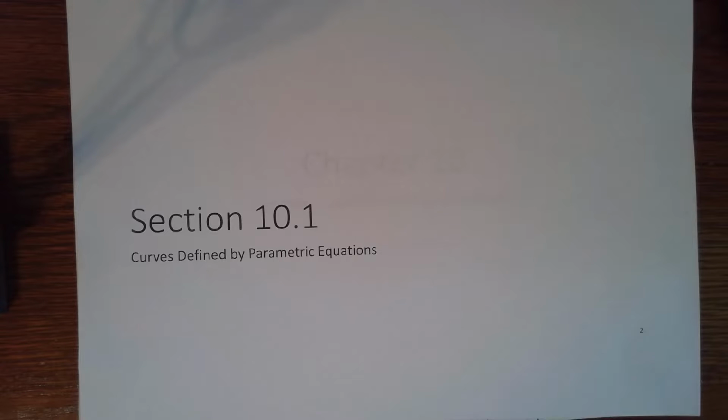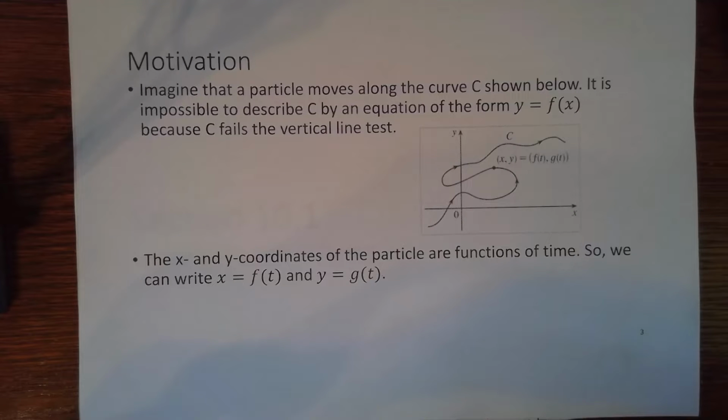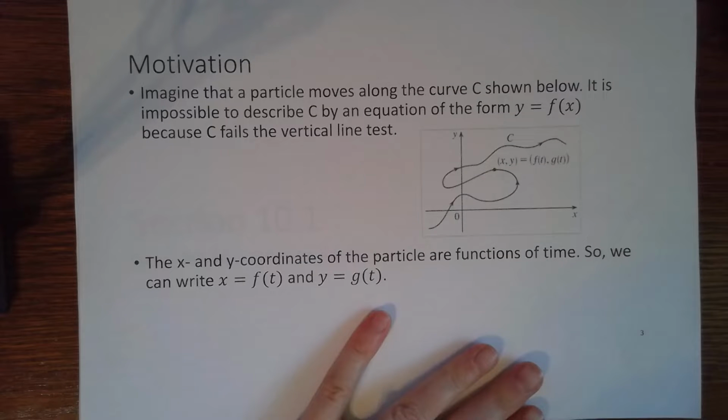The reason that we want parametric equations is because often we can't write a function for certain kinds of curves. So math is moving along this curve, it's just moving in a path like this, and we want to have an equation to describe the movement of the particle.